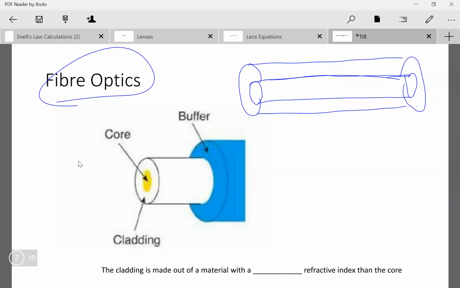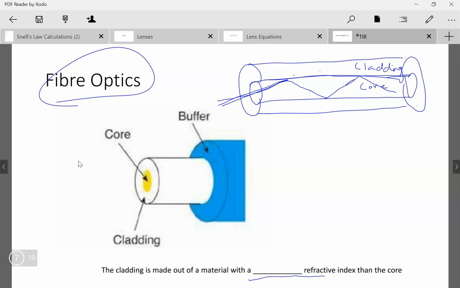The fiber optic cable is made out of two substances. It's made of its core and something called the cladding. So light would be going through the core, hit the surface between the core and the cladding, and then be totally internally reflected here and here and here. So the cladding is made of a specific material, and then we have to compare the refractive index of that to the core.